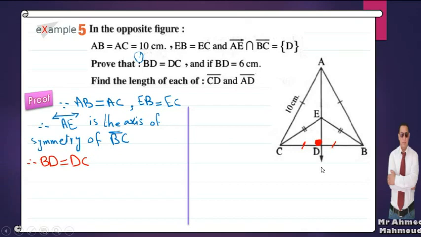Now, if BD equals 6 centimeters, then CD also equals 6, and AB equals 10. Now I need to find CD. CD equals 6 centimeters. And I need to find AD.